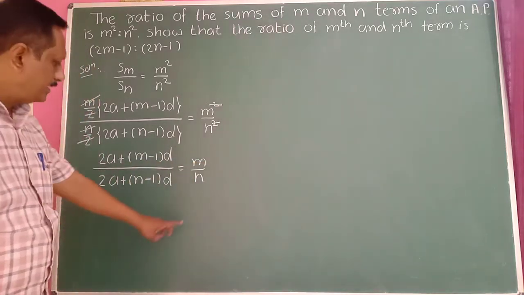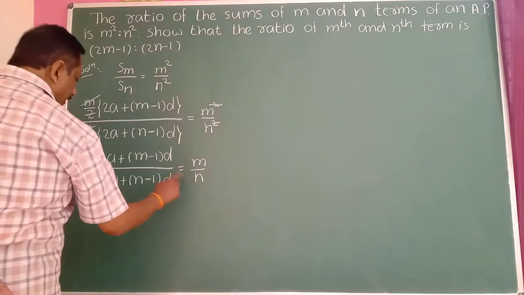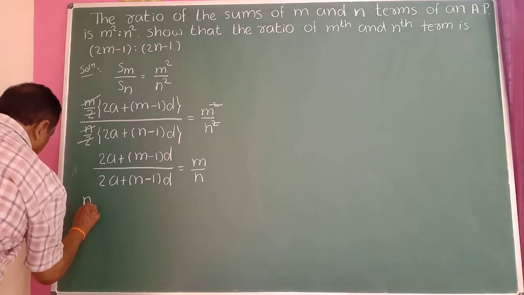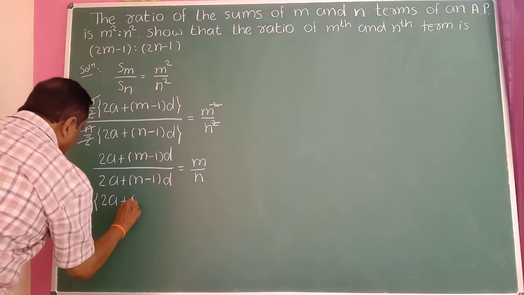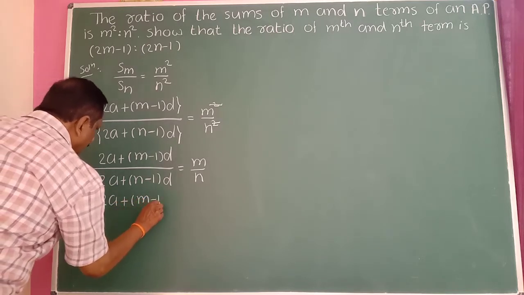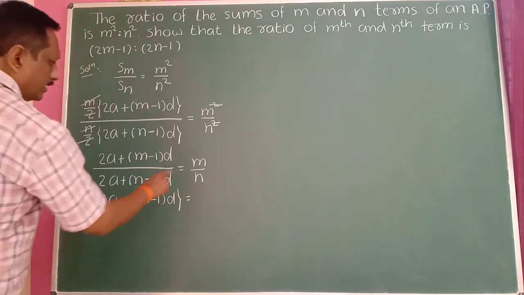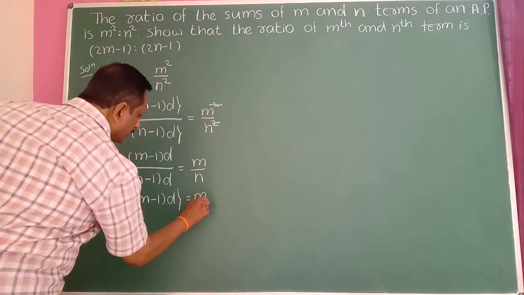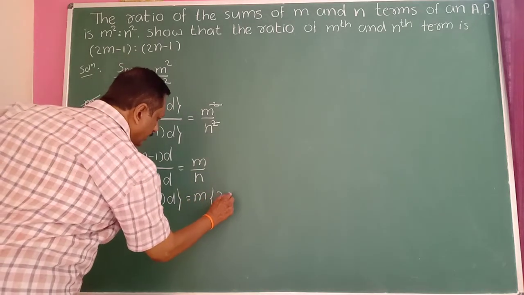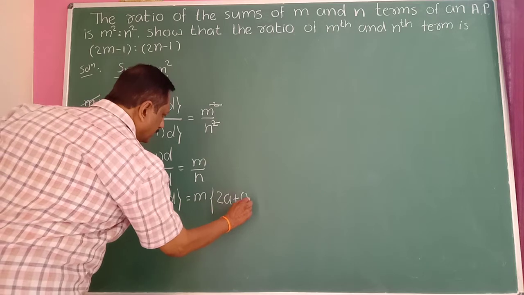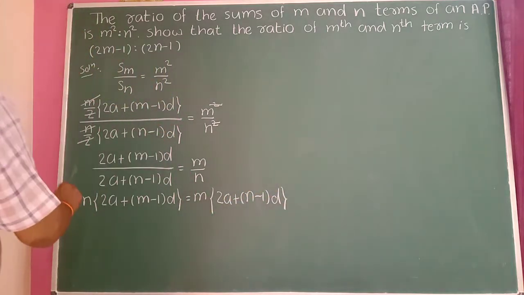Then cross multiply, take this n on this side and this term on that side. So n into bracket 2a plus m minus 1 into d, bracket complete, that is equal to m into 2a plus n minus 1 into d.